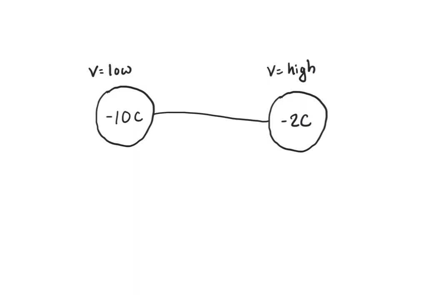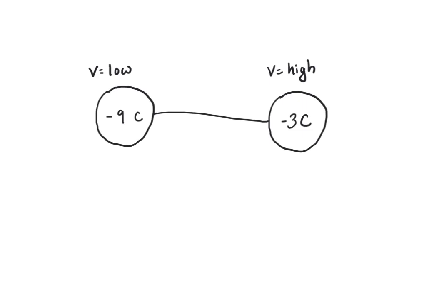As I pull charges from the left and move them to the right, the charge on the left becomes less negative, and the charge on the right becomes more negative, which means the potential on the left becomes a little bit higher, and the potential on the right becomes a little bit lower.